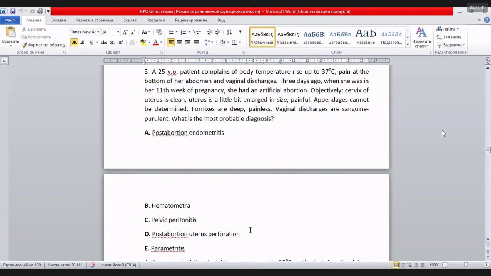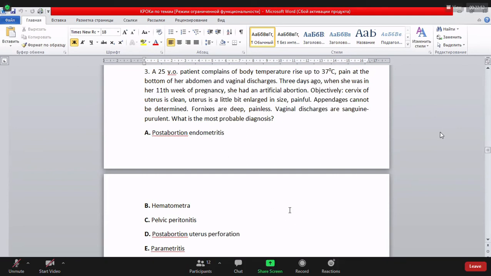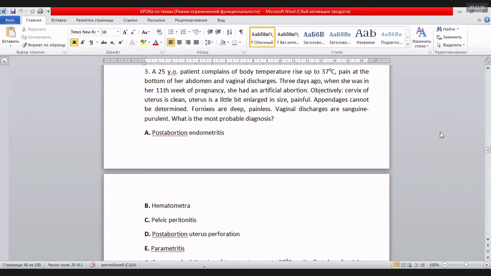Post-abortion perforation, usually they give you that it was perforation. Here, no perforation. And perforation gives us in most cases bleeding, loss of consciousness, signs of hemorrhagic shock. Parametritis, no signs of parametritis. Parametritis can be possible after abortion when the infection spreads from the uterine body to the tissues which are located around the uterus.